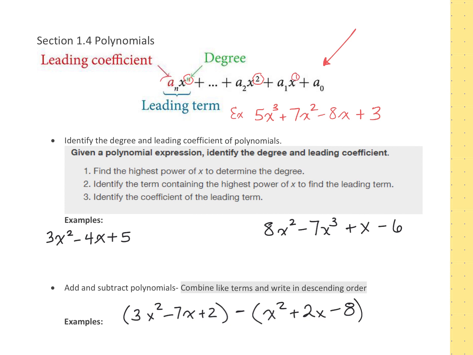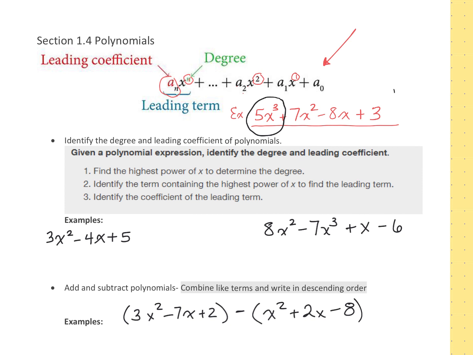The a sub n terms are going to be our coefficients, and a sub 2 just means it's the coefficient of the term with the x squared, and a sub 1 means it's the coefficient of the one with the x to the first. So here we have a polynomial. In this particular case, this whole thing is our leading term because it's in descending order.